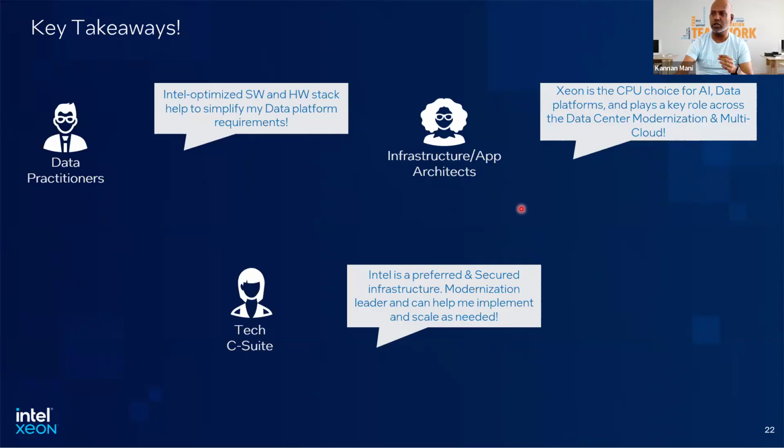And then plus all the CPU goodness we bring in with accelerators that are built in, which is going to help you out, whether it's private cloud or multi-cloud or hybrid cloud, doesn't matter. So we want to make sure that's something that's guaranteed.